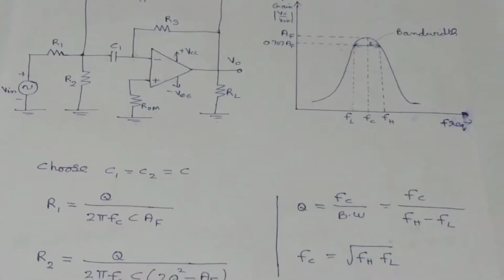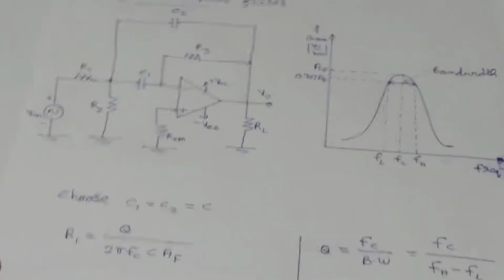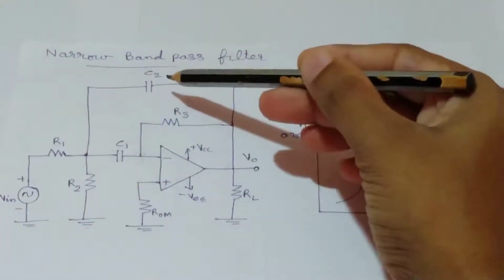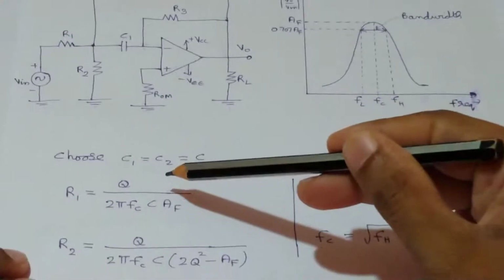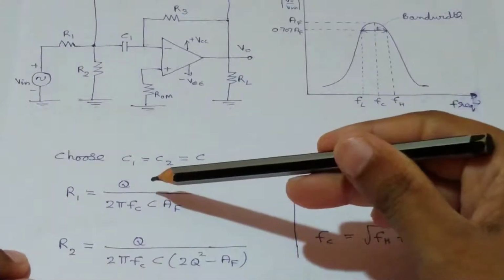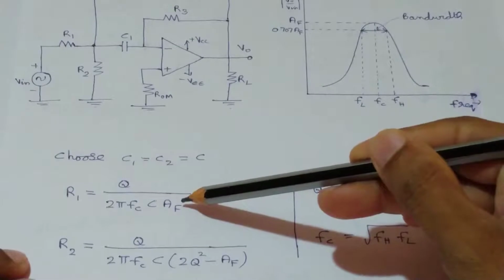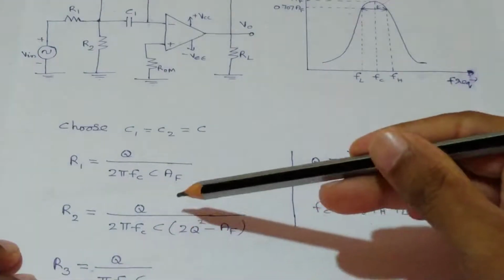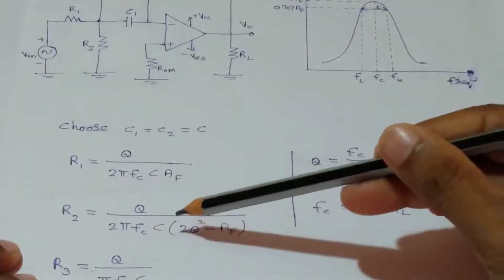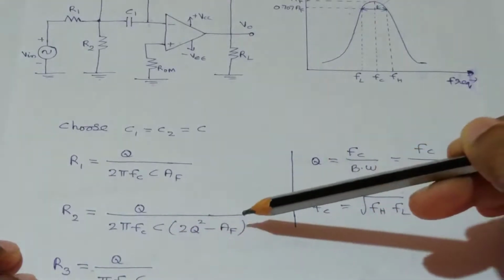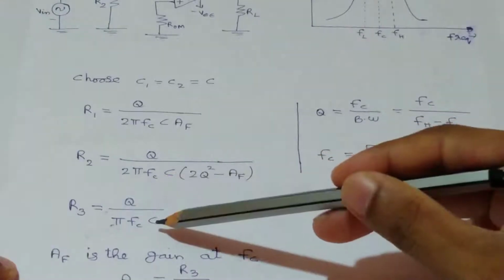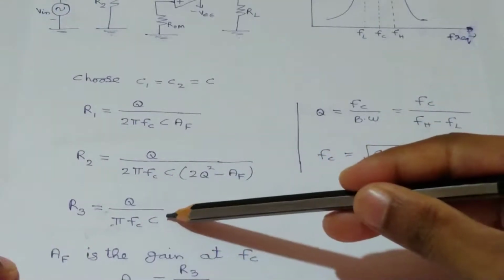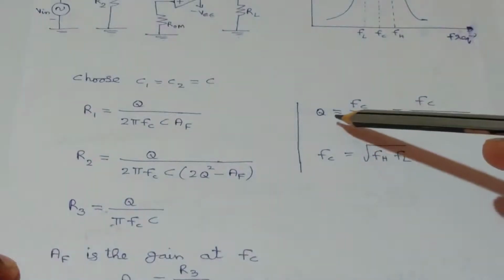For the simplicity of the design, we choose the C1 and C2 capacitors equal to C. Then the equation for R1 is Q divided by 2 pi Fc into C AF, R2 is Q divided by 2 pi Fc C into (2Q square minus AF), and the equation for R3 is Q divided by pi Fc into C, where Q is the quality factor or figure of merit.